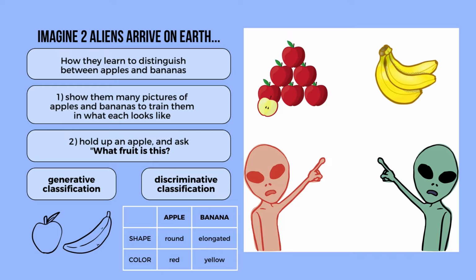Instead, it checks which fruit's features are closer to the new fruit and guesses that it is the same one. This approach is more like what we call a discriminative algorithm in machine learning. So that's the basic idea. These two different approaches will help us understand discriminative and generative algorithms.